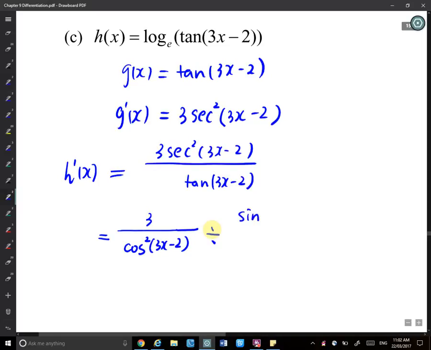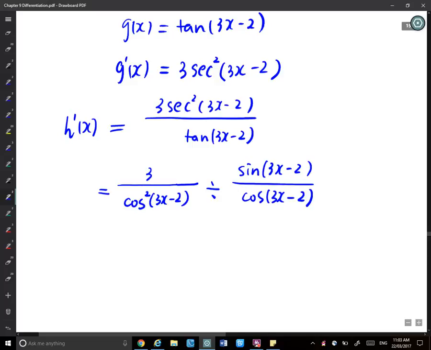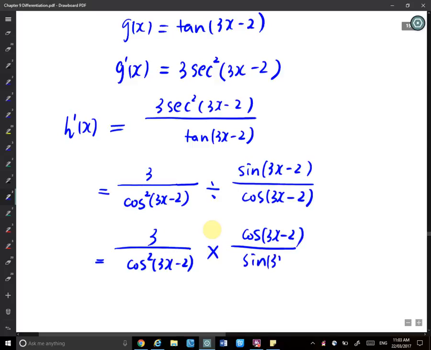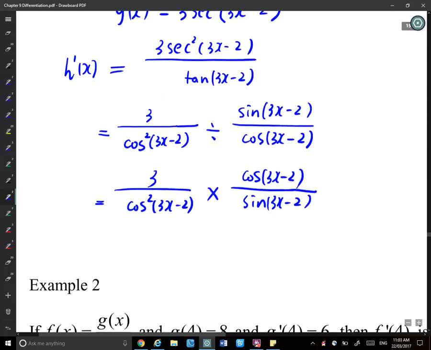Tangent is sine over cosine. So if I flip this and cancel the square, I'll have 3 over sine (3x minus 2) and cosine (3x minus 2).